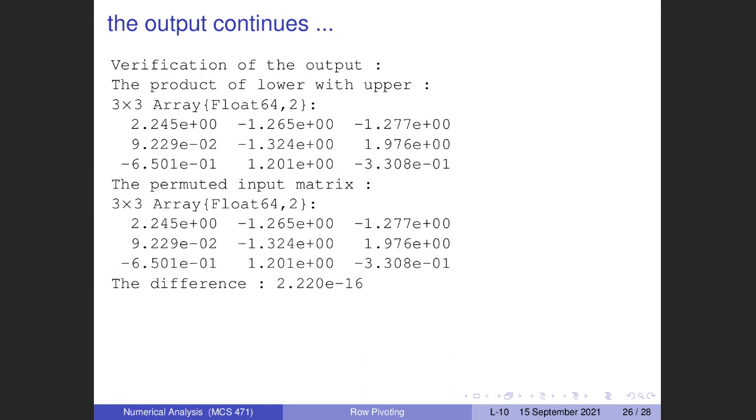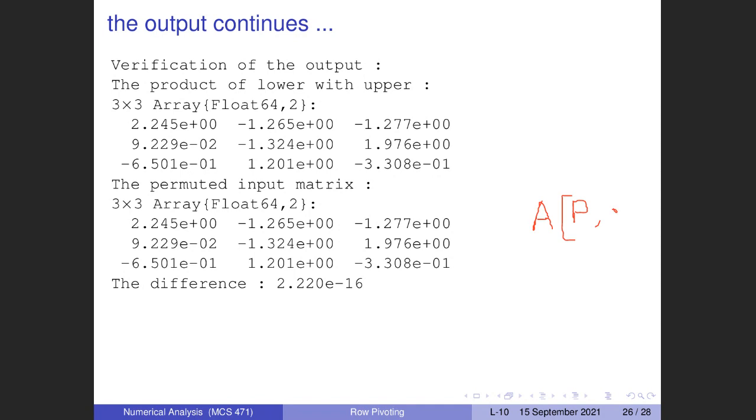So you can do the product of the lower with the upper, and we then look at the permuted input matrix. For the permuted input matrix, we use the notation where we do an indexing with a vector.